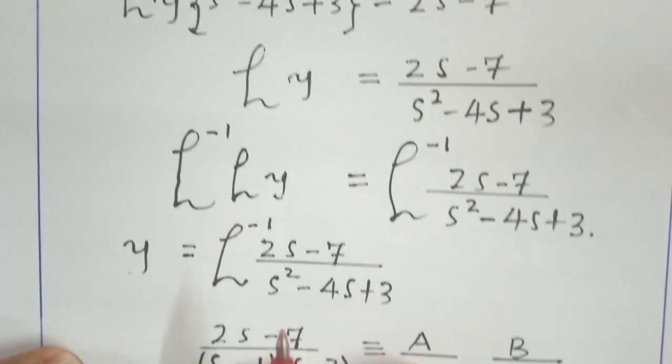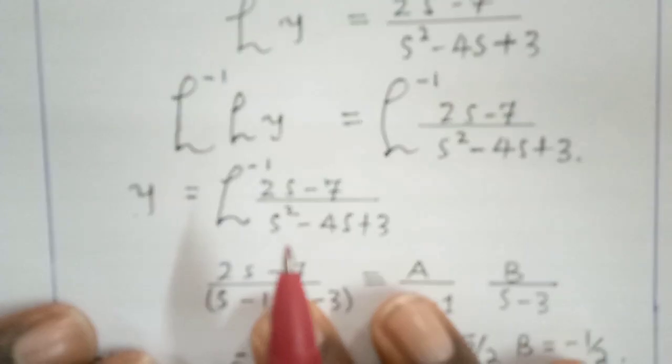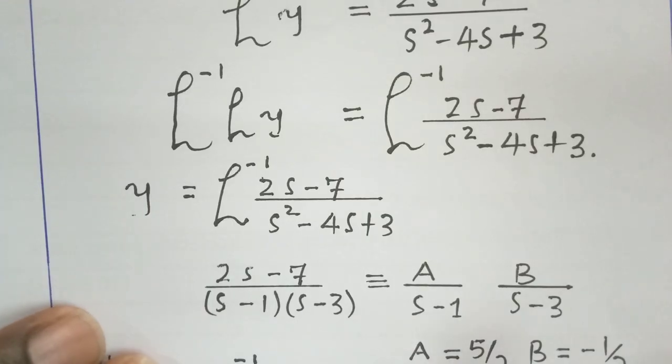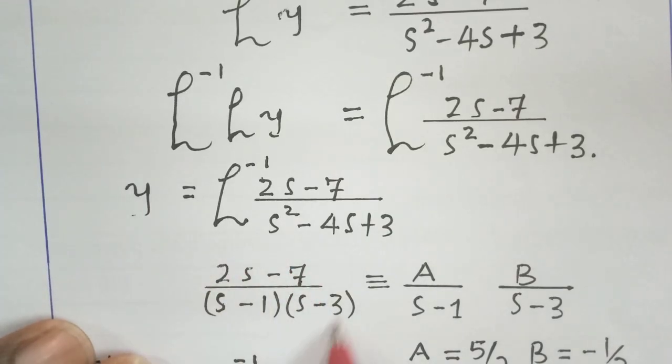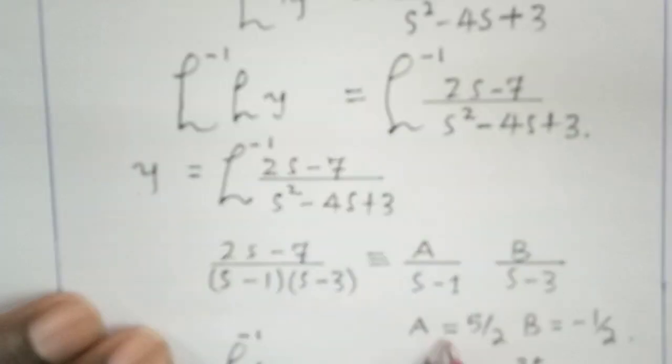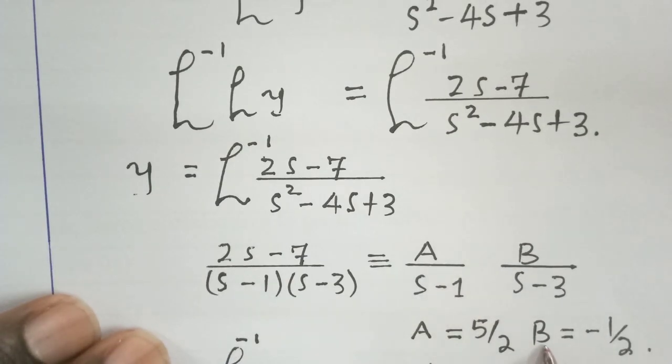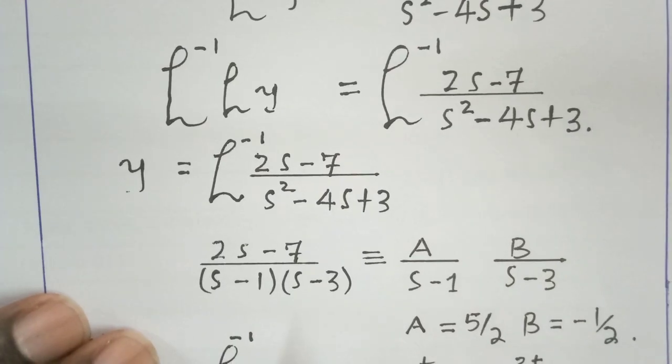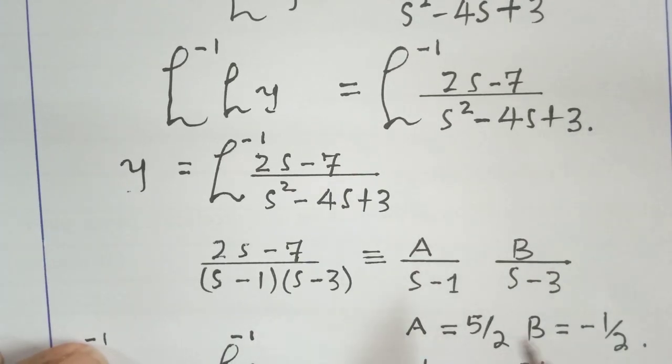And that one, guys, we divide into what we call partial fractions. As we have learned a lot to do with partial fractions, I can give you an assignment for you to get A. A is supposed to be 5/2, and B is supposed to be -1/2. This is an assignment, guys. That's why I did not put the work in here, so that I can give you some assignment.